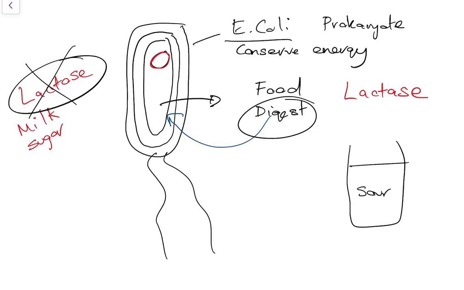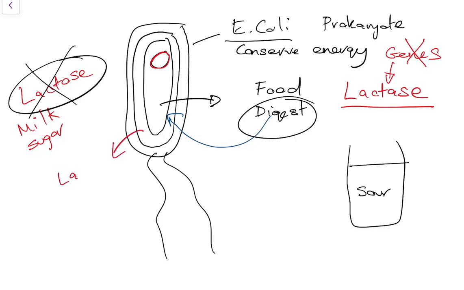So at this point, it doesn't want to be expressing the gene for making lactase. It wants to switch this off. So this is regulation of gene expression. It's going to switch off genes that it doesn't need, and then when it does need them, it will switch them on. So let's imagine it then goes into this environment.